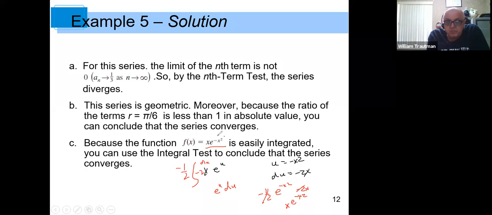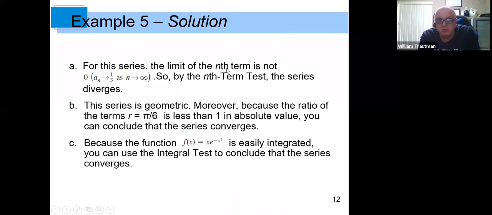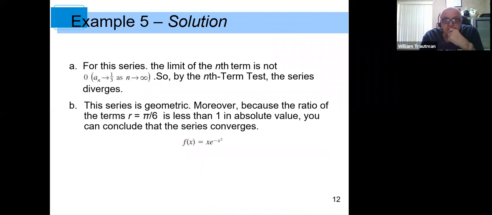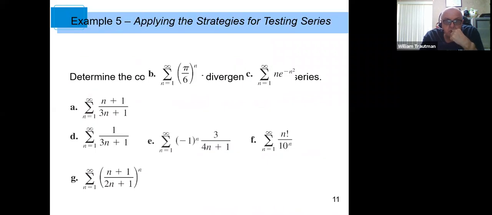If you see right back up there at the top. And I want to go back up to D. If you look at this, it looks like you can possibly do a comparison test.